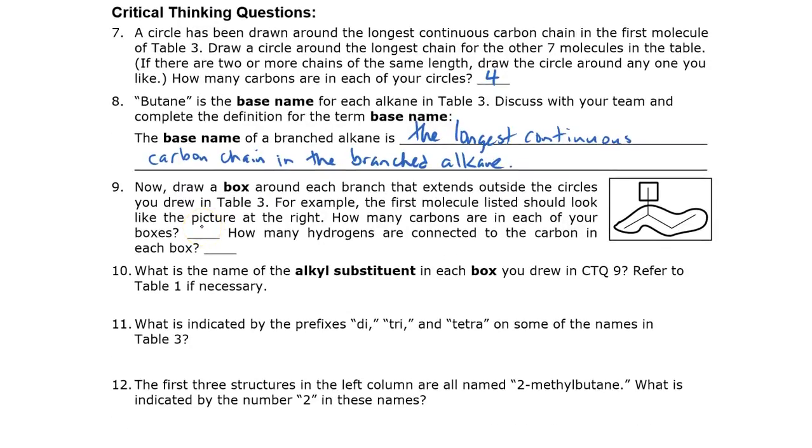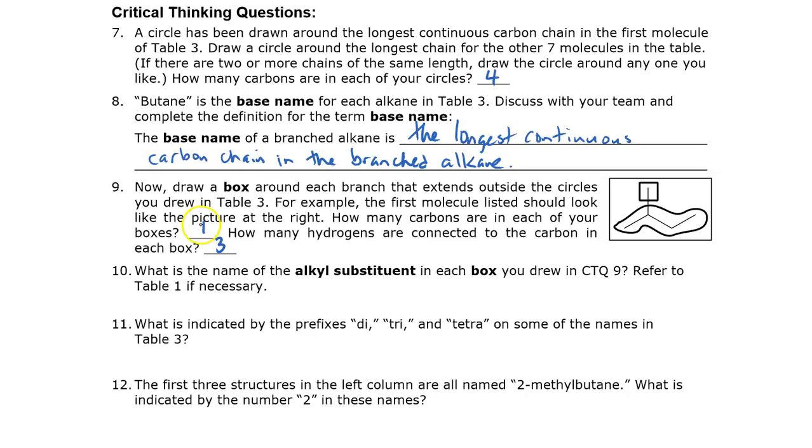So how many carbons are in each of your boxes and how many hydrogens are connected to the carbon in each box? Pause the video and fill in those blanks. Okay, compare your answers to mine. Number 10. What is the name of the alkyl substituent in each box?